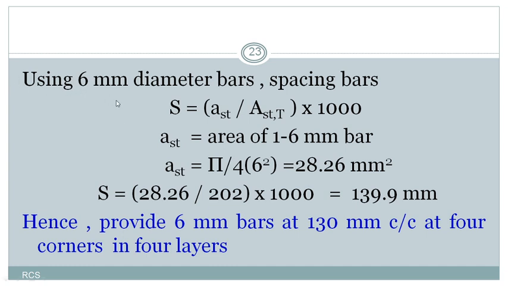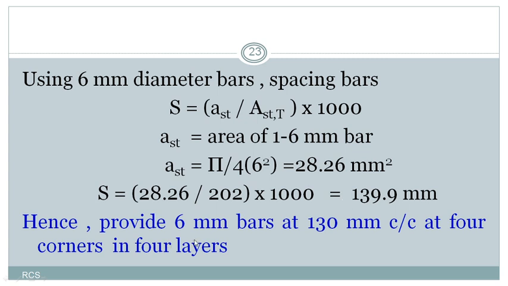For this, I am using 6 mm diameter bars. The area of a 6 mm diameter bar is 28.26, and the spacing is calculated as small AST by capital AST of torsion reinforcement multiplied by 1000. So small AST is 28.26 and capital AST, the torsion reinforcement area, is 202. Multiplied by 1000, this gives 139.9 mm.